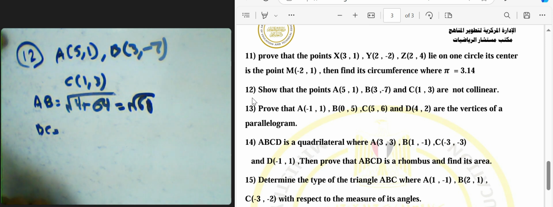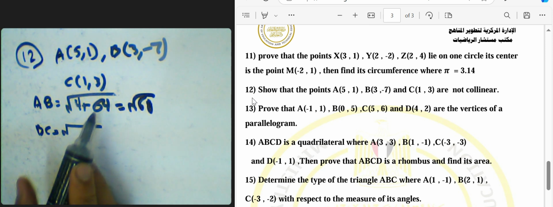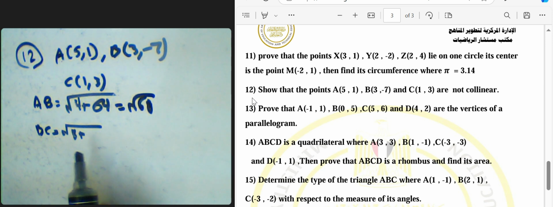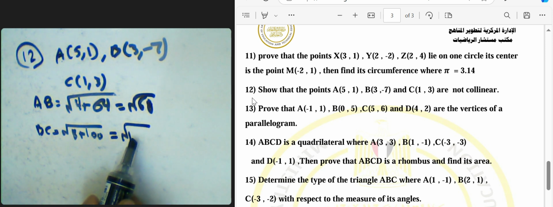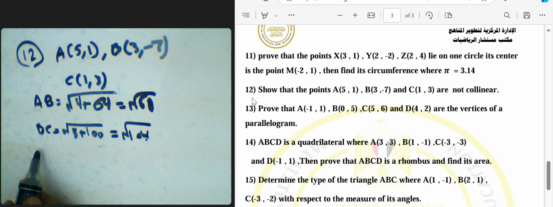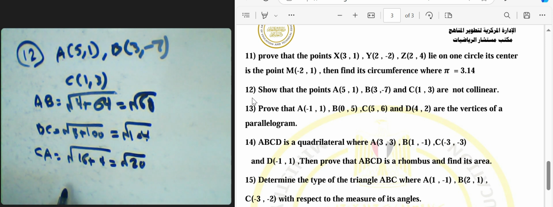And BC, B and C here, it will be square root of 3 minus 1, 2, 2 power 2, 4. -3 minus 3, it will be -6. -6 power 2, it will be 36. The result will be square root of 40. And what about CA? 5 minus 1, 4, 4 power 2 equals 16, and 1 minus 3, negative 2 power 2, 4. The result will be square root of 20.